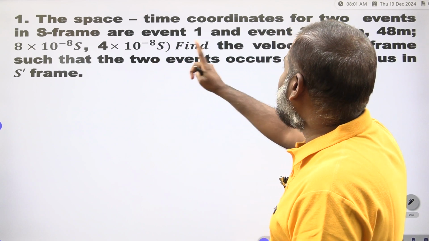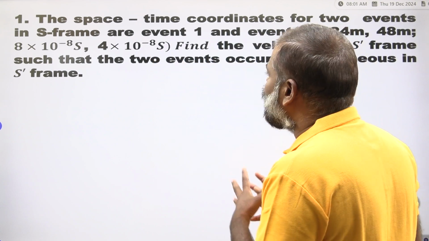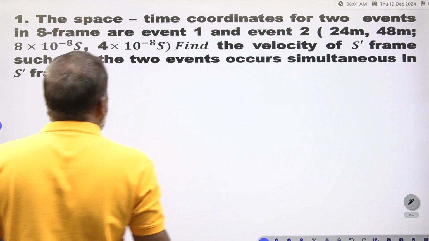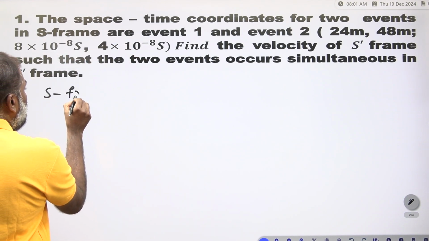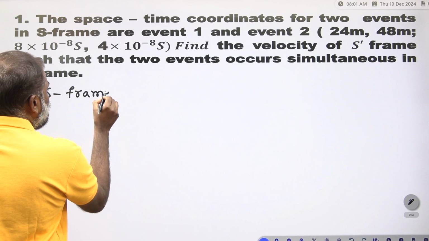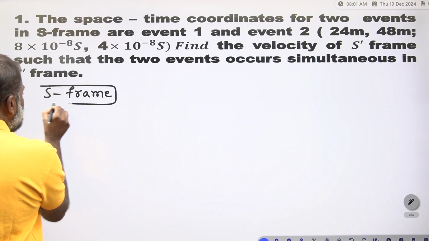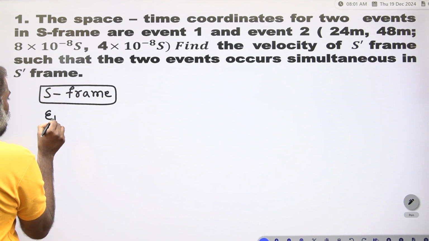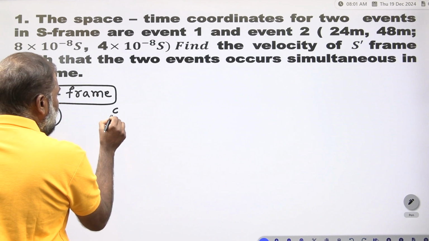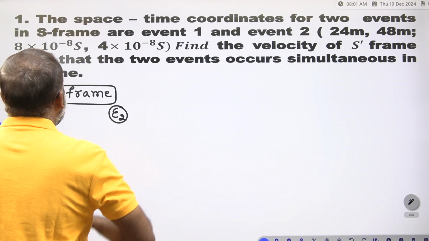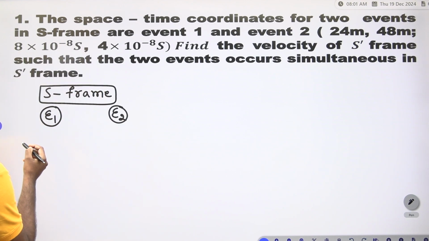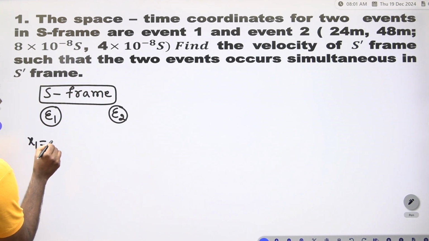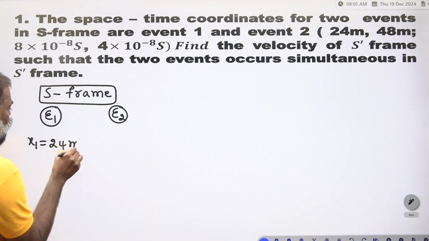Maybe the space-time coordinates for two events in the S frame are given. Two events are there in the S frame, and that data you have to write first. Event 1: x1 is equal to 24 meters.